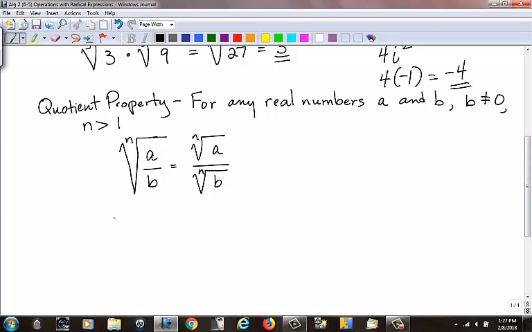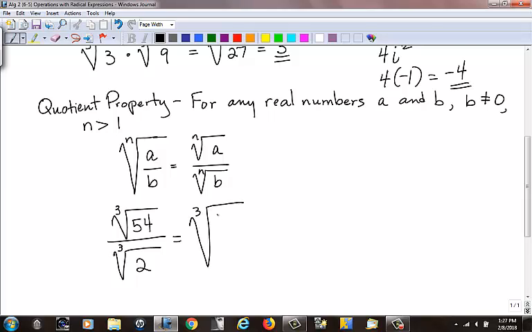Example. Does it say anything about even or odd? No. So if I have the cube root of 54 divided by the cube root of 2, as long as those indexes are the same and we don't have any imaginaries, then it's legal to put it back together.